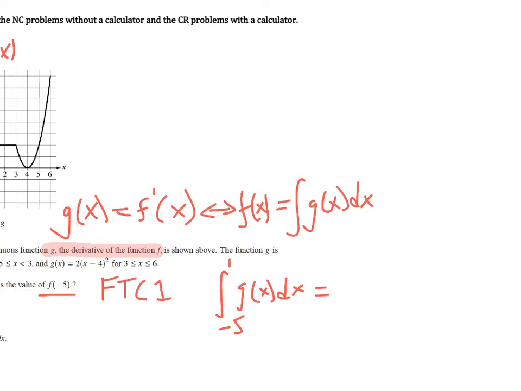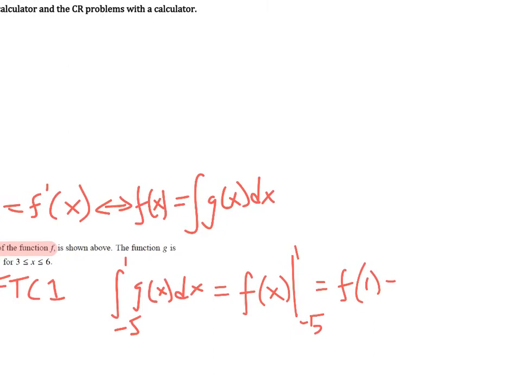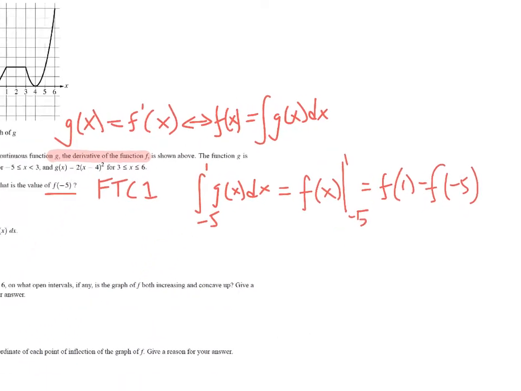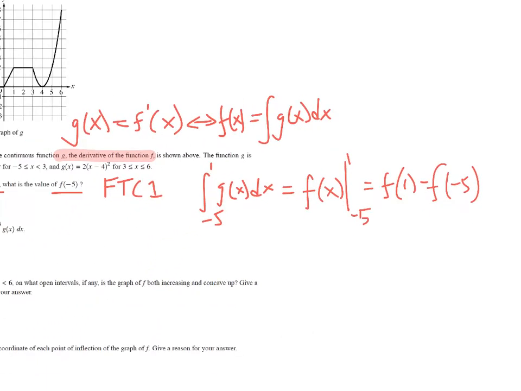So the fundamental theorem of calculus says we take the antiderivative f of x and go from negative 5 to 1, which is f of 1 minus f of negative 5. So when we have things that are integrals or derivatives of each other, and we know one value and are looking for another, that's what we're going for.